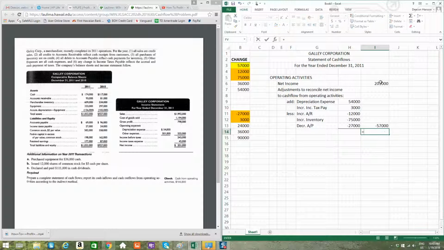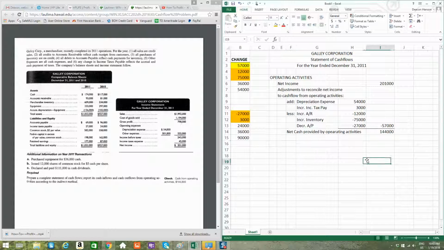That will give me, okay, and we're going to call this net cash provided by operating activities. Okay, another big mouthful of words. Okay. So you've figured out your operating cash flow.